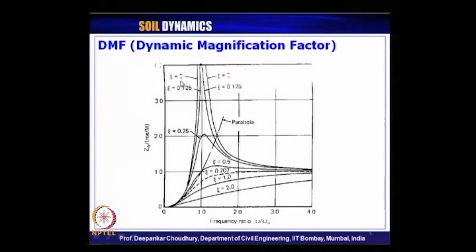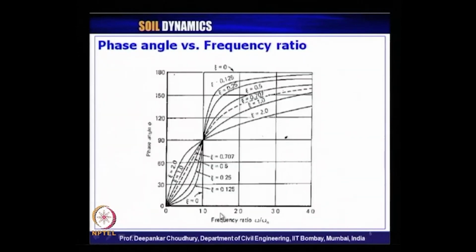And these are the patterns for different damping ratio. For damping ratio equals 0, that is for the undamped case, at frequency ratio 1, we get the value as infinity, but for a damped system, that is non-zero values of damping ratio, we get a finite maximum value of this DMF at r little above 1.